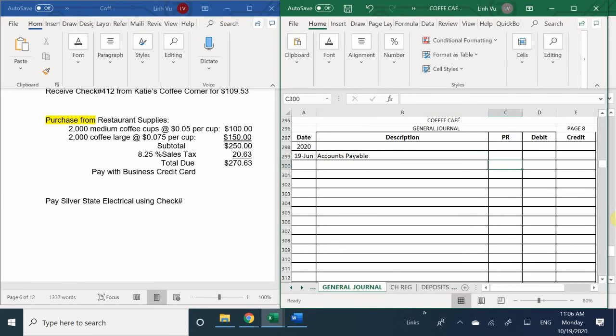And what's my credit account going to be? 1,070. All right, but what's my credit account going to be? Checking. Good. So we're decreasing our money because we're paying somebody, right? We're decreasing what we actually have in our bank. Okay, so I had it backwards.